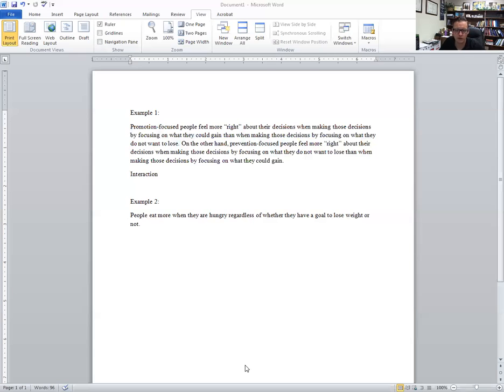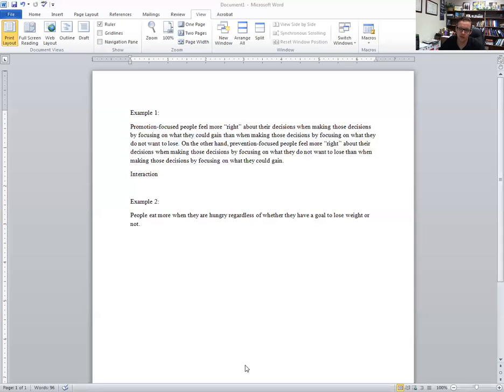And to see what the line for those who are not hungry or have no goal would be, we'd connect the top of this one to this one. And we get the exact same relationship we had before when we did the whole thing with lines. So now we have two lines and they cross. So we have interaction like you would expect.